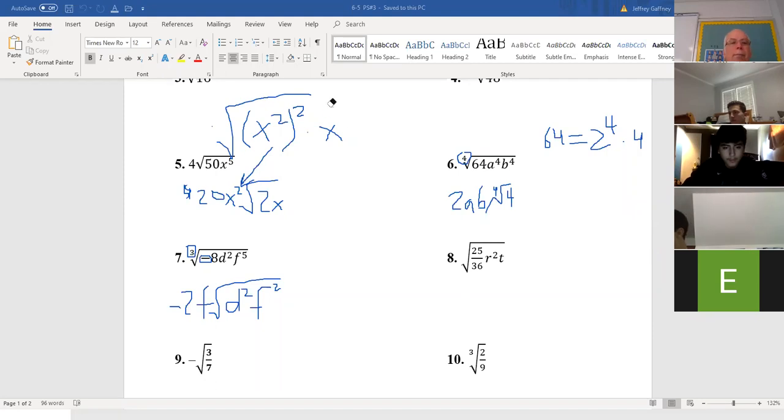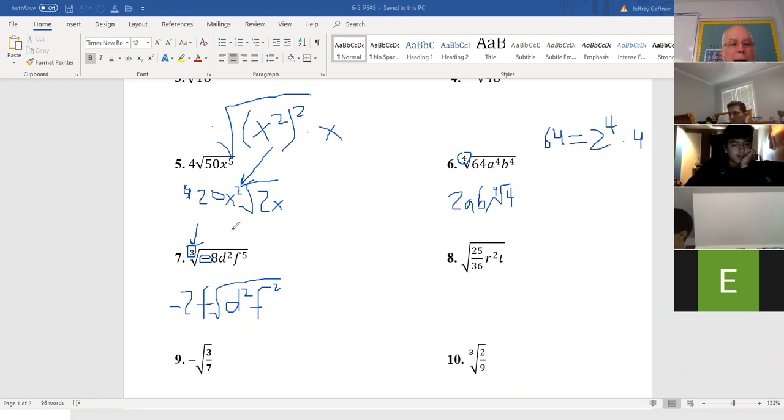Wait. So why did you leave the d squared? Like, why didn't you do anything to the d squared? Because that's just d times d in this. Don't always treat this as a square root. We're doing cube roots. So it's d times d. If it had been d times d times d or d cubed, I could have taken a d out from underneath the radical.